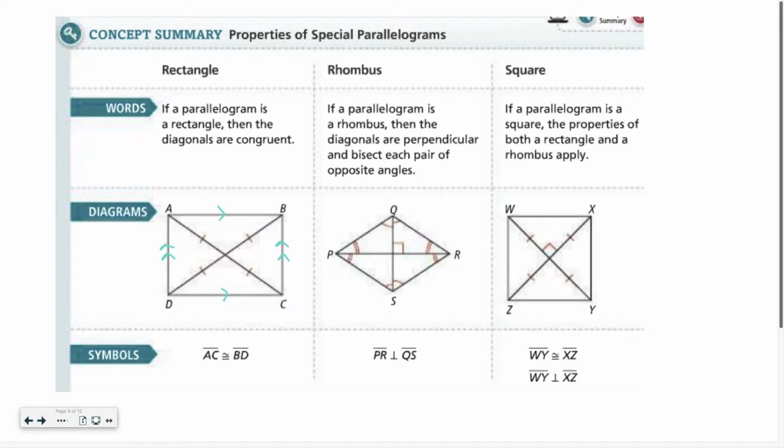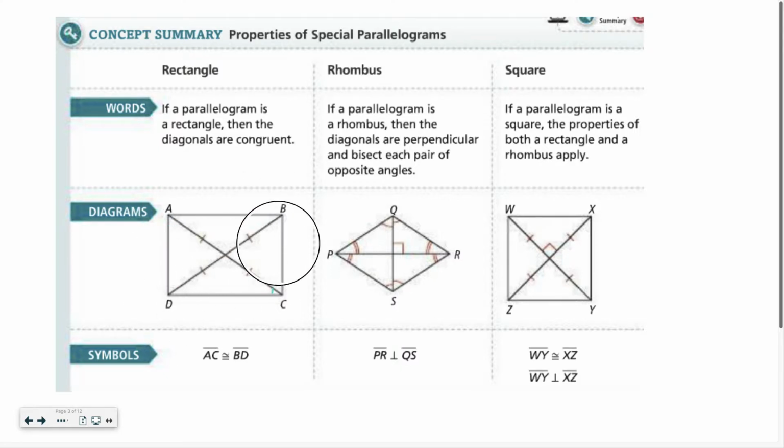And since it's a parallelogram, that means that it has opposite sides that are congruent, and a rectangle, more specifically, also has all 90-degree angles in the corners, and the diagonals are congruent in a rectangle. So if I give you a parallelogram and I ask, is this a rectangle, you would need the 90-degree corners, which if you have the congruent diagonals, you know you have the 90-degree corners.